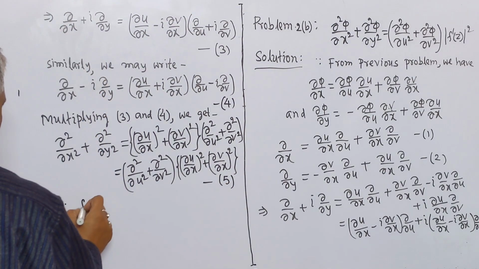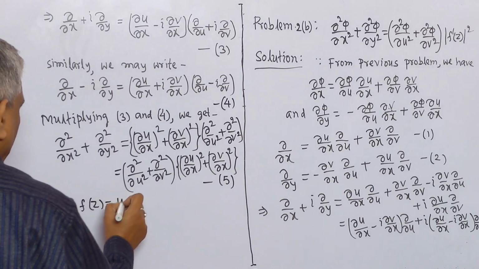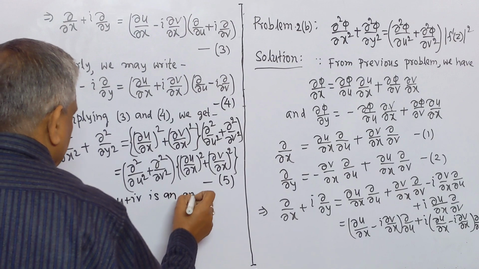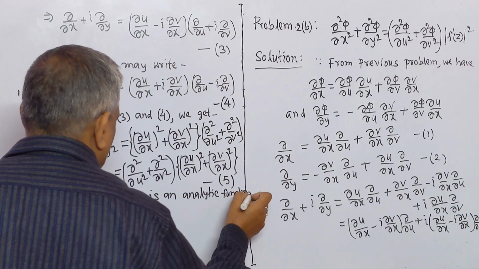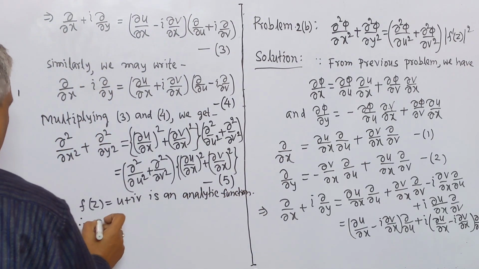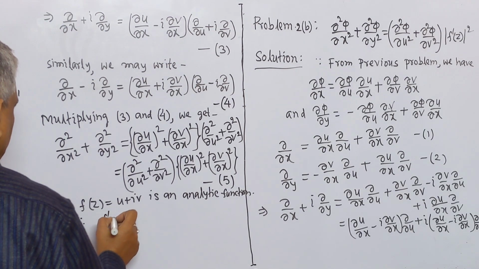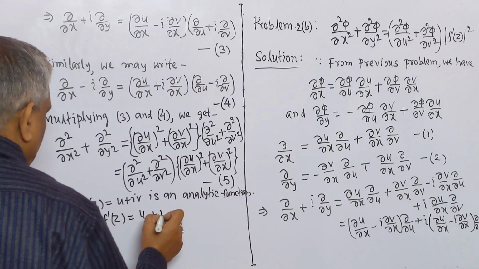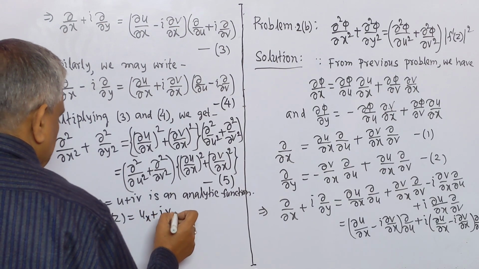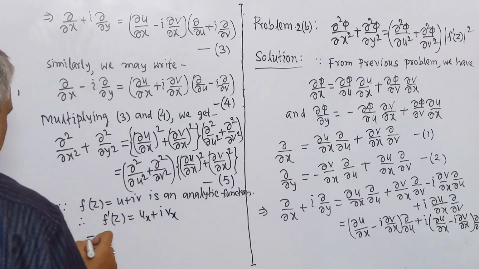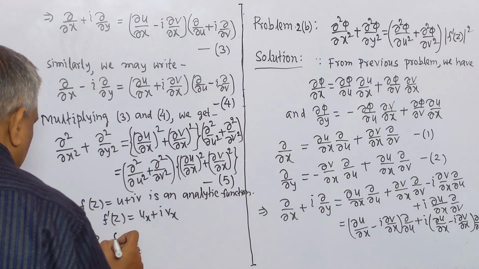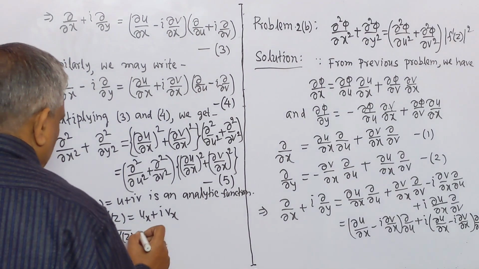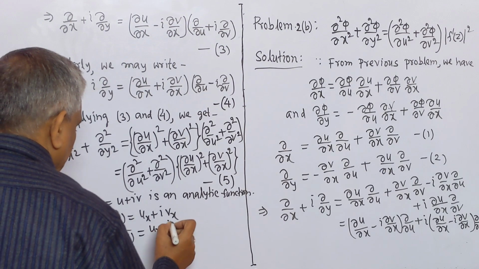Since f(z) equal to u plus iv is an analytic function, therefore derivative of f(z) equal to ux plus i vx, implies that conjugate of this equal to ux minus i vx.